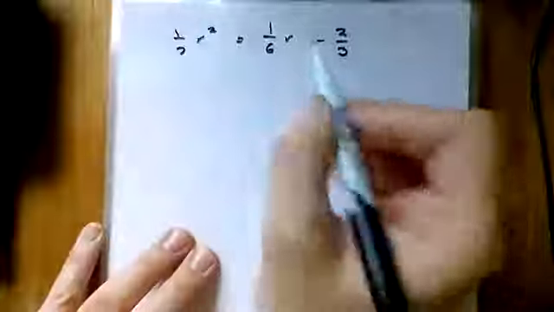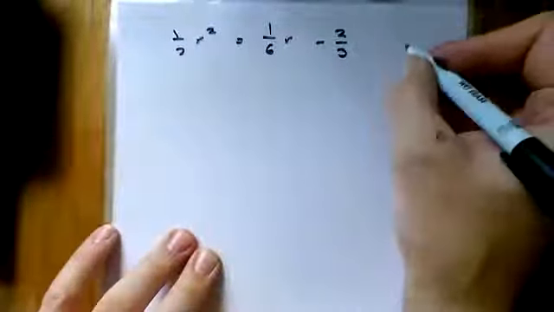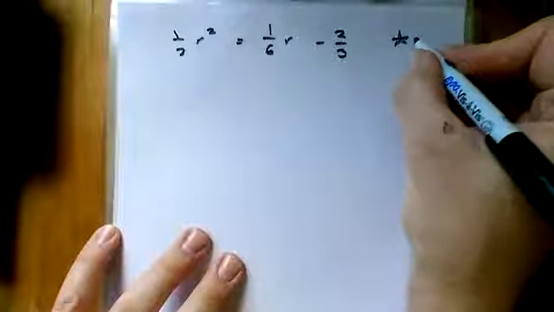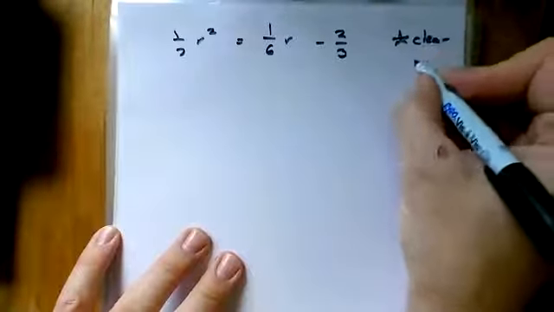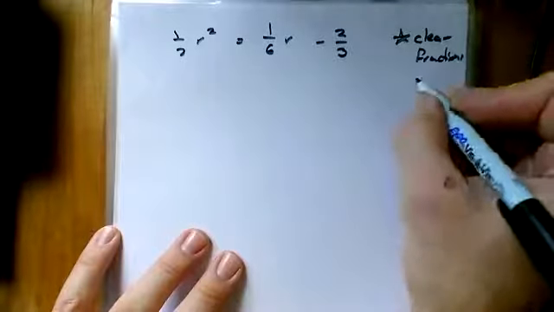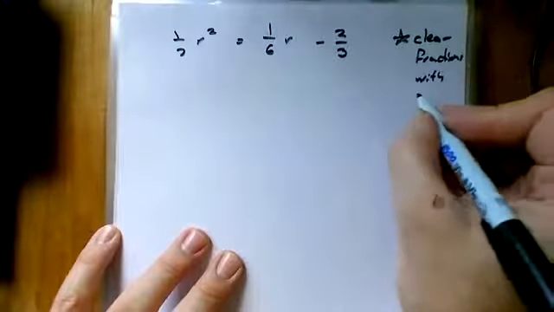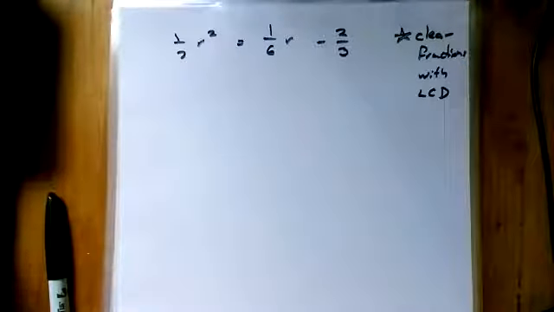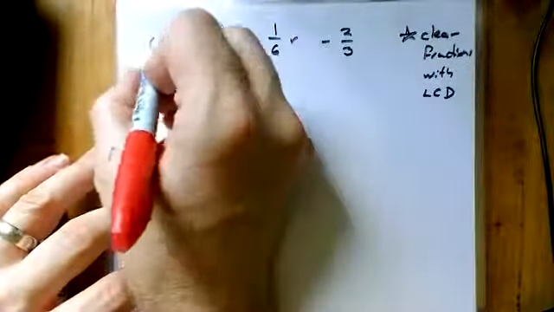I could, in fact, if I wanted to, move everything over right now, but we can also do things like clear our fractions with our common denominator. So what I'm going to do here is I will go ahead and multiply everything by, looks like a 6, because that's our common denominator.